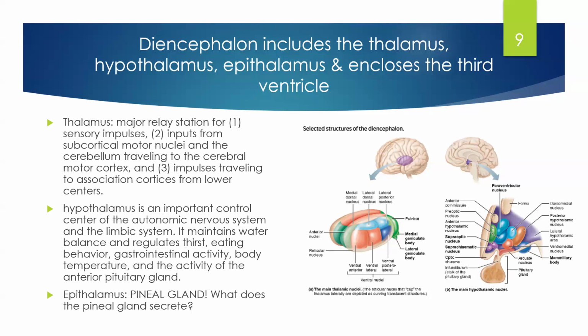First, we have our thalamus. This is the major relay station for sensory impulses. It gets inputs from the subcortical motor nuclei and the cerebellum traveling to the cerebral motor cortex, and impulses traveling to association cortices from the lower centers. So here, again, is the diencephalon. This is it whole.